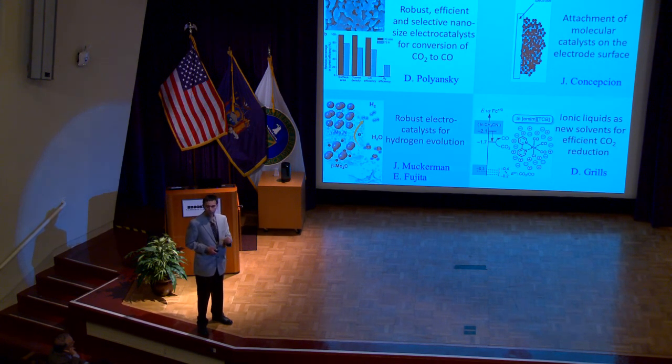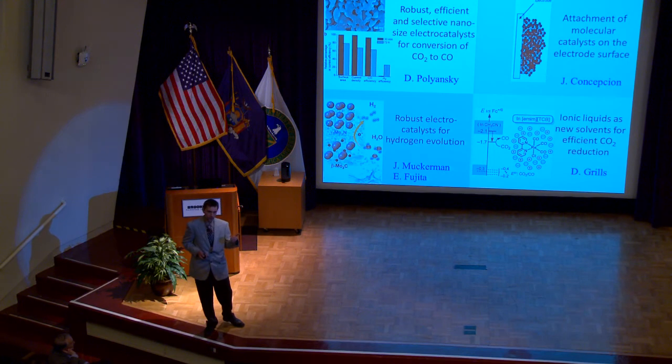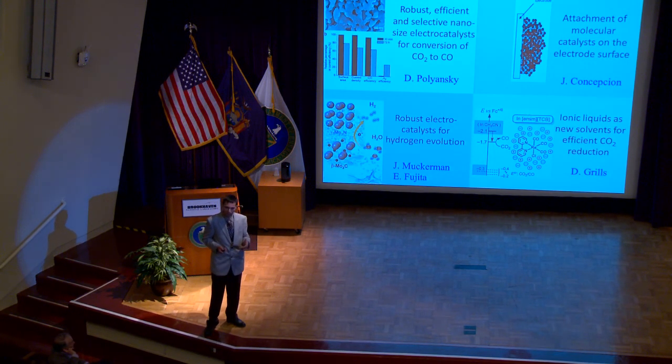But we still have to use the knowledge which we obtained from using these molecular systems in developing some more robust catalysts. So my take on that is if we move away from systems which contain lots of carbon, hydrogen, and nitrogen, so organic matter, we can greatly stabilize our catalysts.